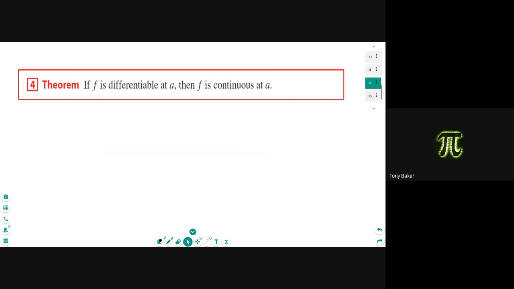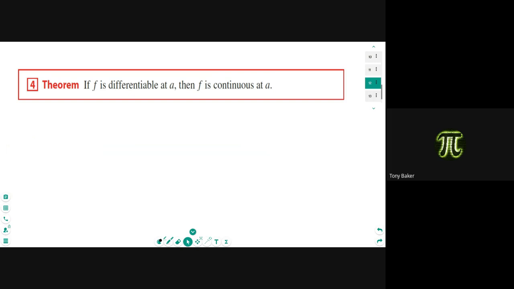So the question then comes, is the converse true? Do you remember what converses are, and not the sneaker? The converse is flipping. So if f is continuous at A, that means it's differentiable at A. Is that true or not?